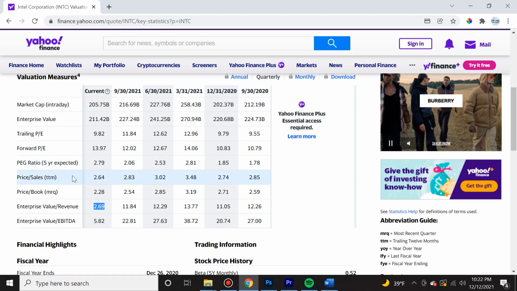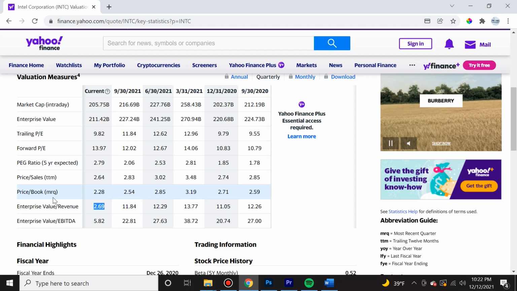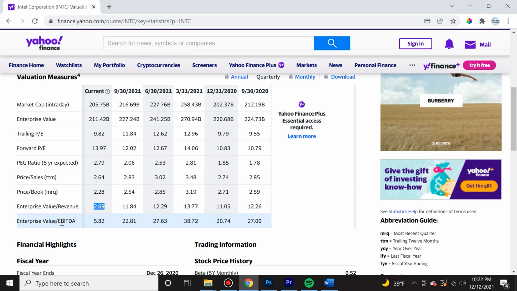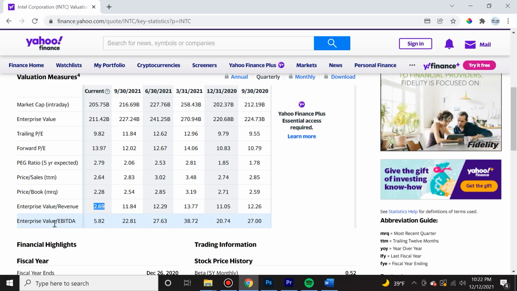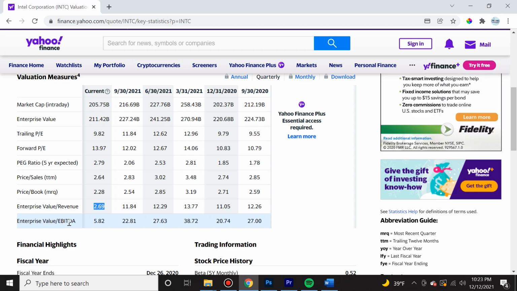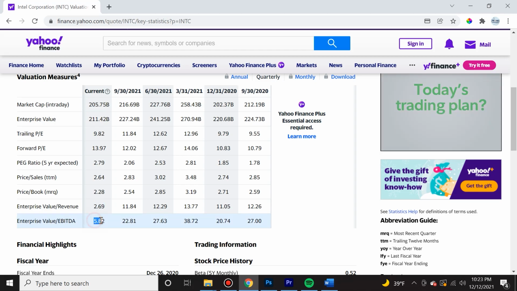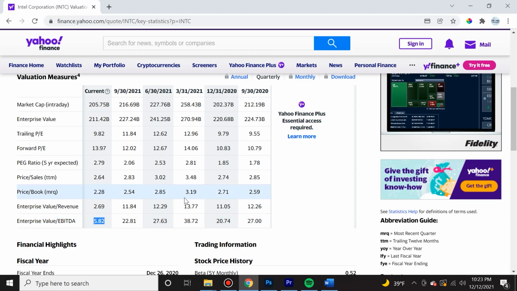Now, EV over EBITDA, and EBITDA stands for earnings before interest, taxes, depreciation, and amortization. So EV over EBITDA takes into account operating expenses. It looks at a company's ability to generate operating cash flows. And over here you can see Intel's is 5.82.